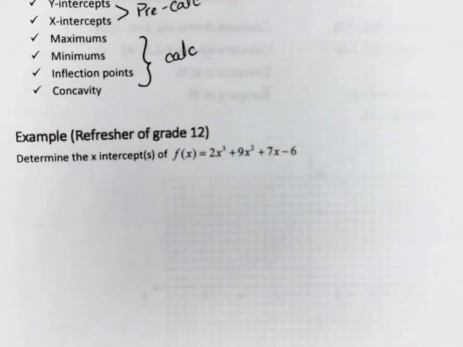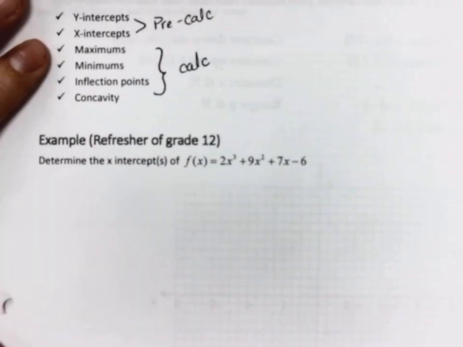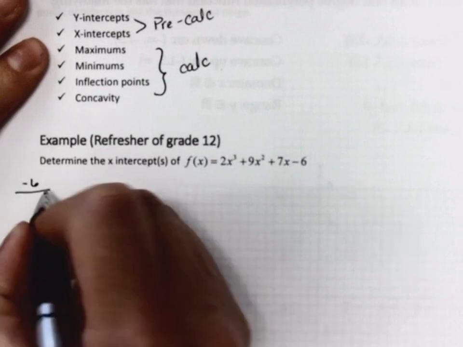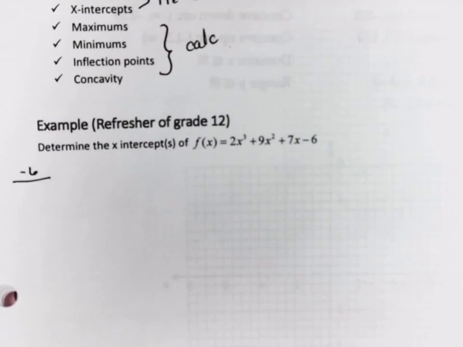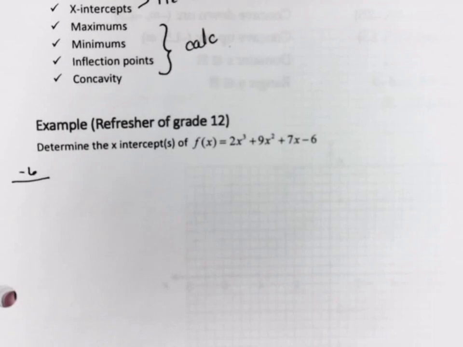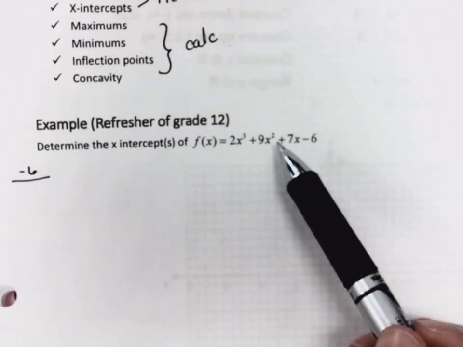This is a refresher from pre-cal, it's just chapter 3. If I want to solve this, I'm looking at the factors of negative 6 that give me a remainder of 0. We're probably going to need a negative x, because all of these are positive.